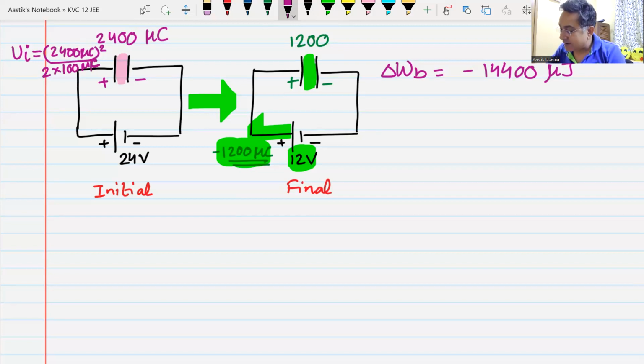Remember, whenever you do this, you will always get the answer in microjoules. So just tell me how much it is coming in microjoules.